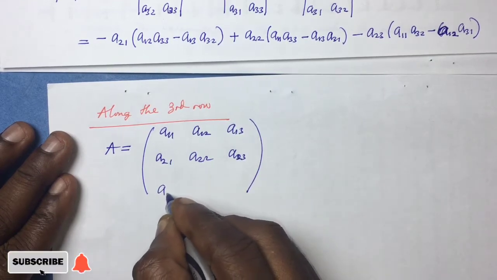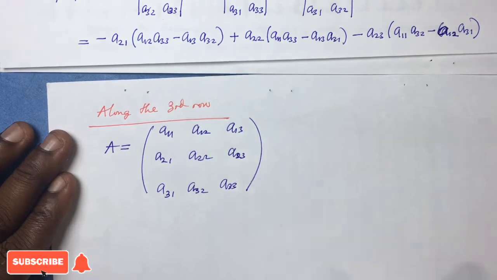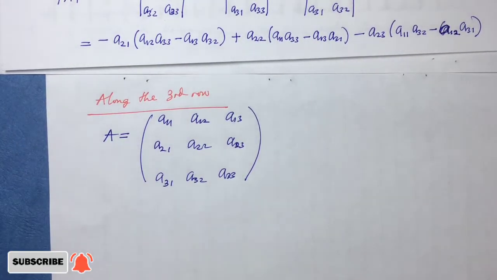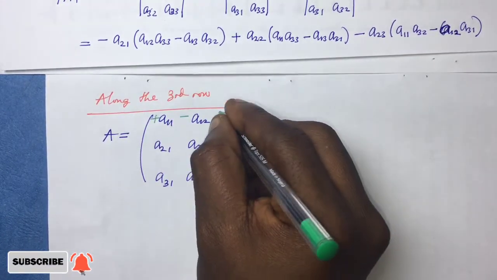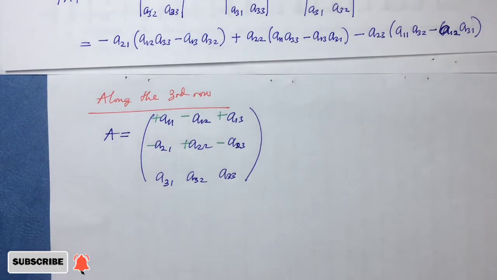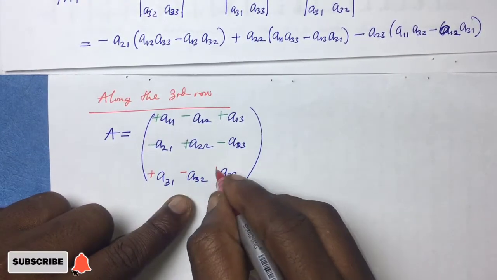Now, remember, here we want to use the third row to obtain the determinant. So, what will be the sign? Remember, this is plus, minus, plus, minus, plus, minus. So, what will this sign be? If this is minus, this will be a plus, this will be minus, and this will be plus.